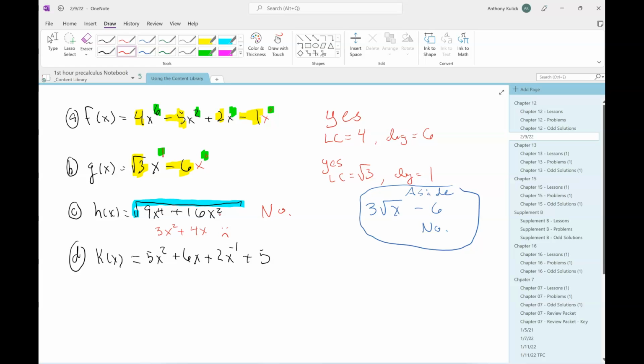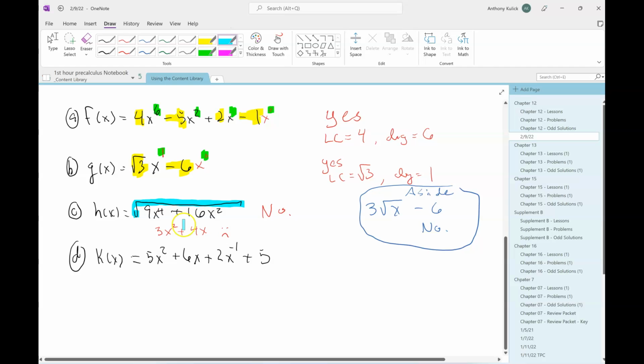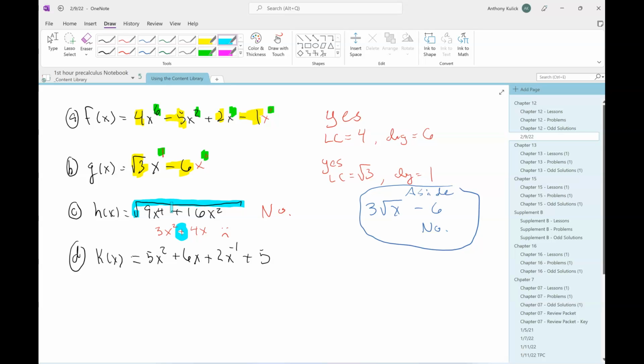At first glance, this looks really feasible, right? And if I do that, 3x squared plus 4x is definitely a polynomial. But Mr. Kulik's telling you can't do what you just did here. What's the issue? The issue is that this addition symbol in between, you can't distribute a square root symbol across addition or subtraction.